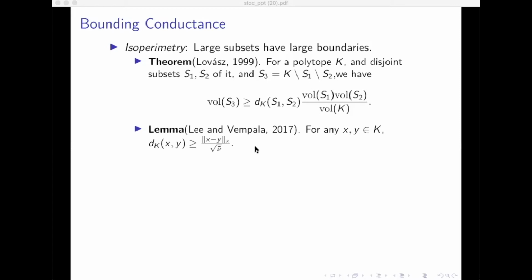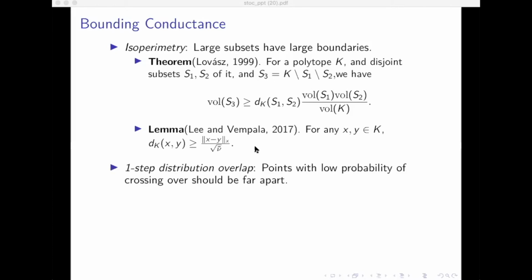The second thing that we need to ensure is one-step distribution overlap. That is, points with a low probability of crossing over should be far apart. In other words, if 2 points are near, that is, close in the local norm, then the distributions obtained after taking one step from them must have a large overlap.